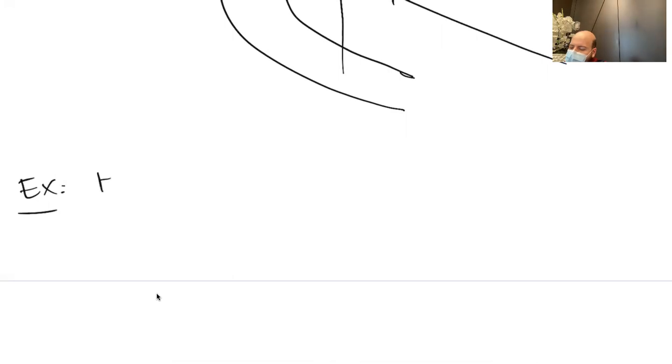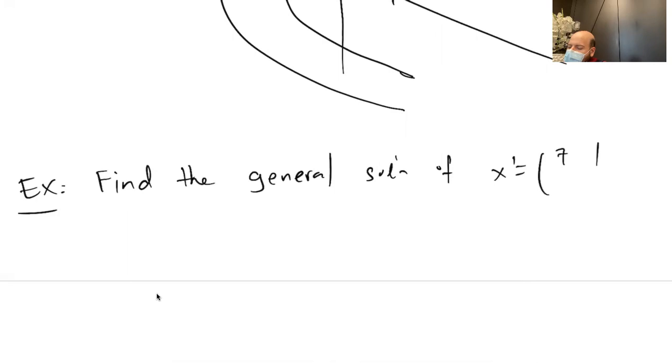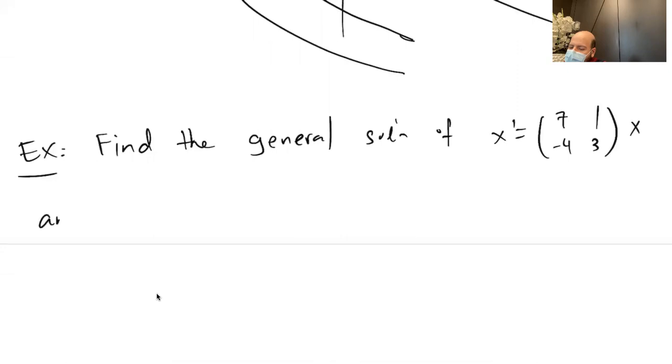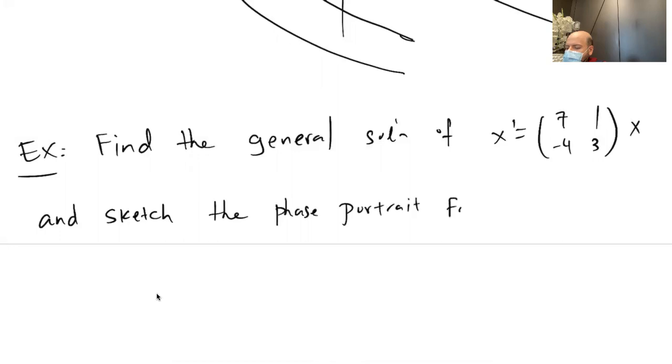Find the general solution of x prime equals the matrix 7, 1, minus 4, 3 times x, and sketch the phase portrait for this system of ODE.